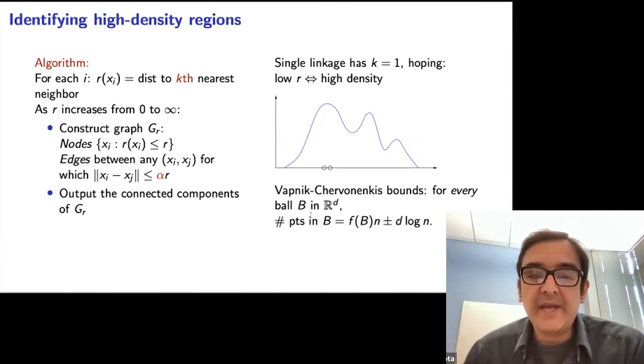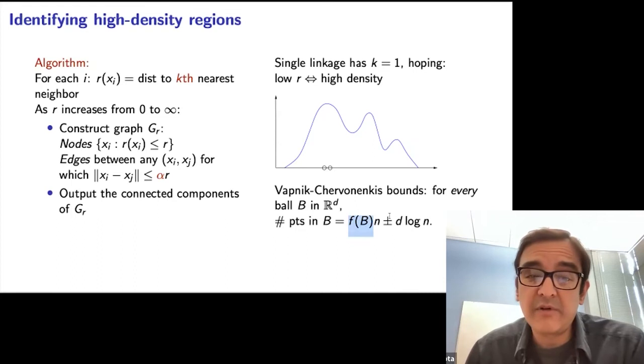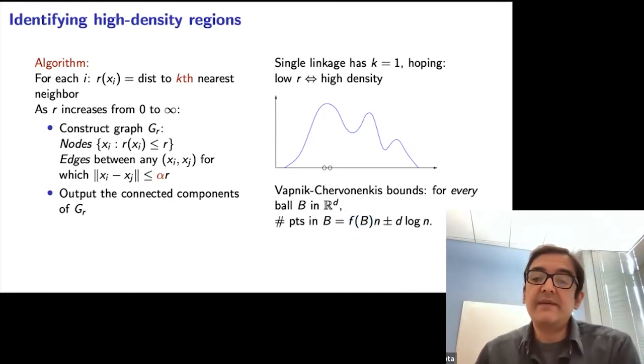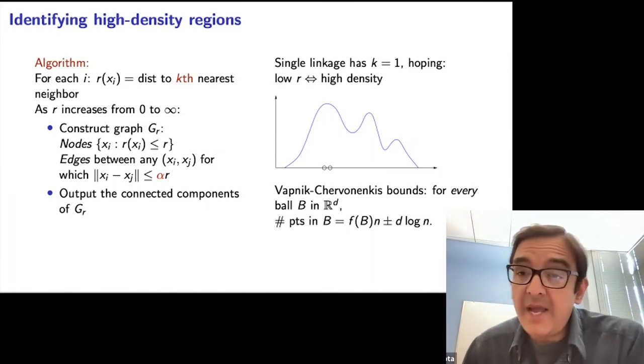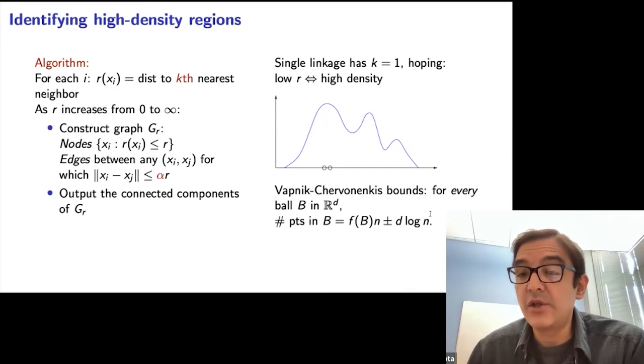If you have n data points, and you have a ball B, let's say the probability mass of the ball is f of B, where f is the underlying density. Then the expected number of points in the ball is n times f of B. What the VC bounds tell us is that the actual number of points in the ball will be this plus or minus d log n.